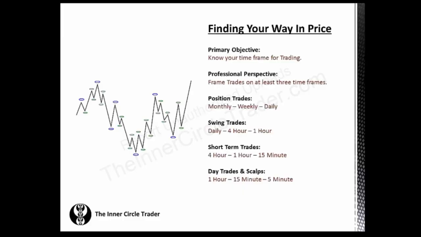I'm not going to cover that here, but if you are that type of trader, the 3 time frames you would utilize to break down market structure would be the monthly, the weekly, and the daily. The monthly is your highest time frame, the weekly is your mid-level time frame, and the daily would be your short term.